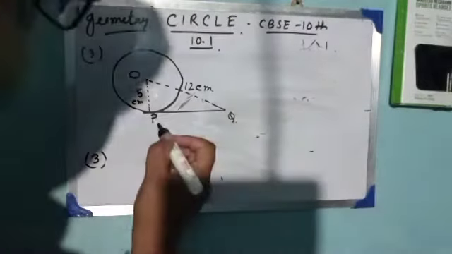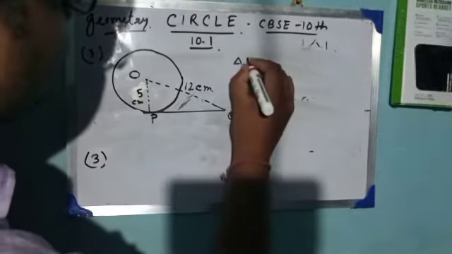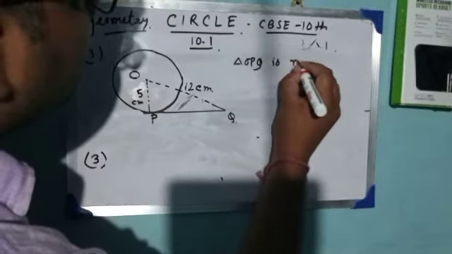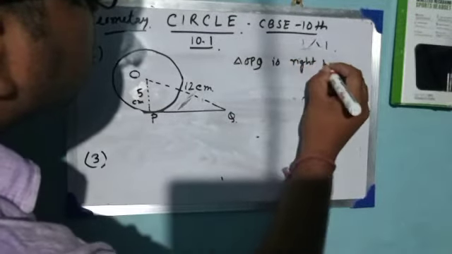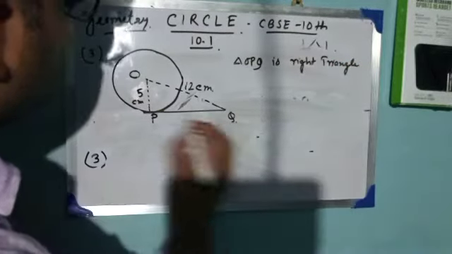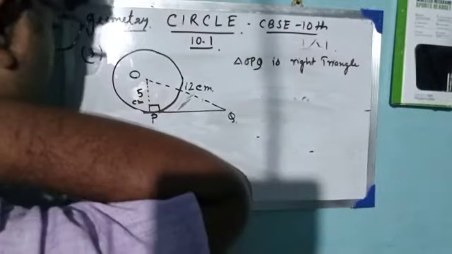Now, as you can see, triangle OPQ is a right triangle, right angled at P. So obviously we will apply the Pythagoras theorem.